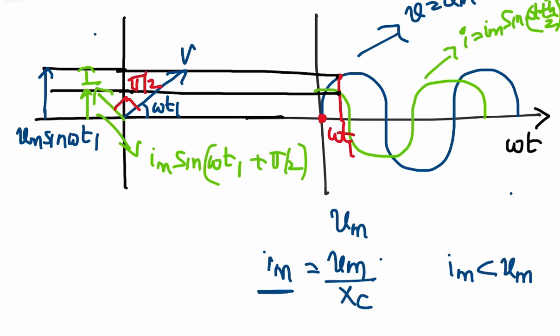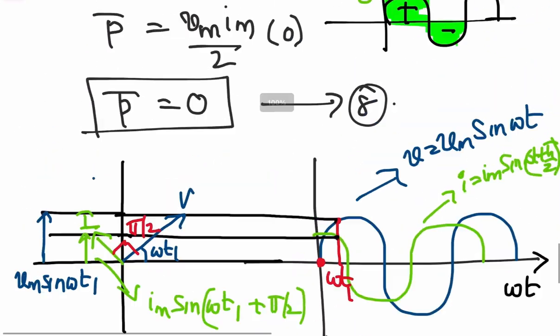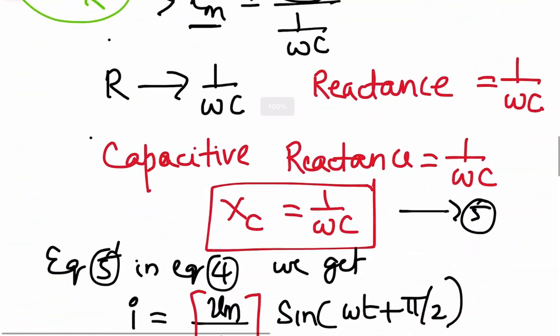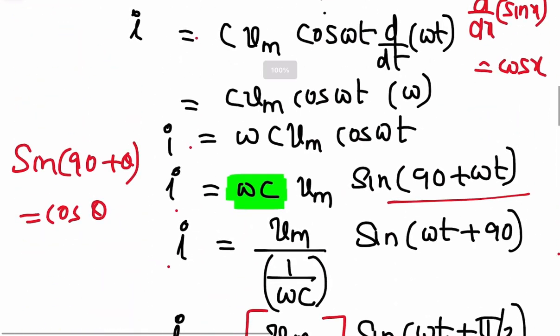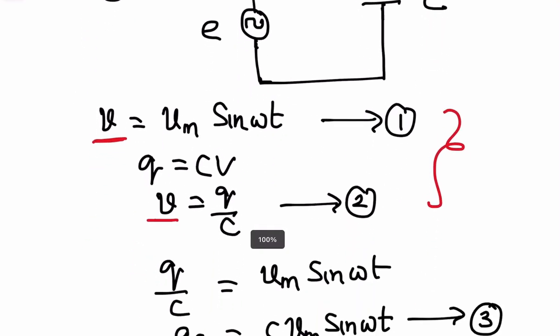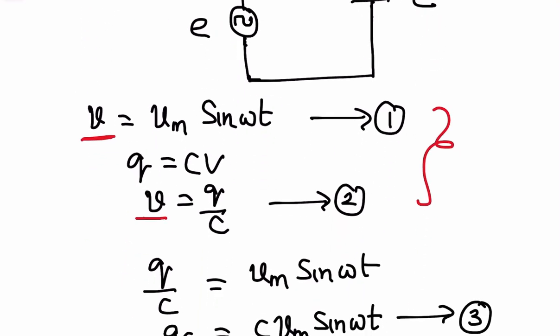Now let's go up and see one by one all the equations for a revision. Let's start with the voltage equation. Yes, this is our circuit. The first equation is the voltage equation which we got here, that is V is equal to Vm sine omega t.